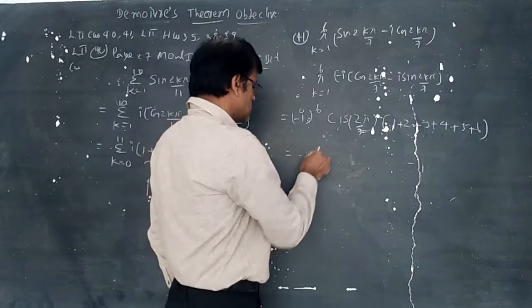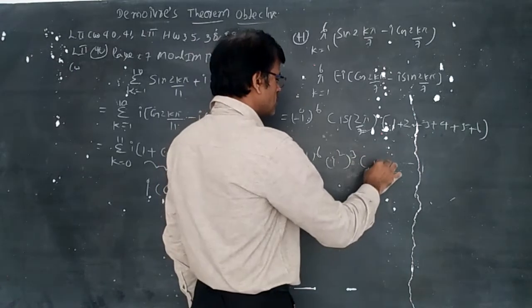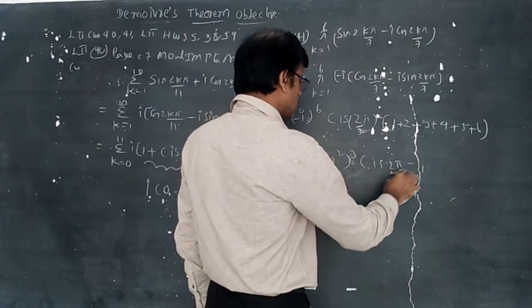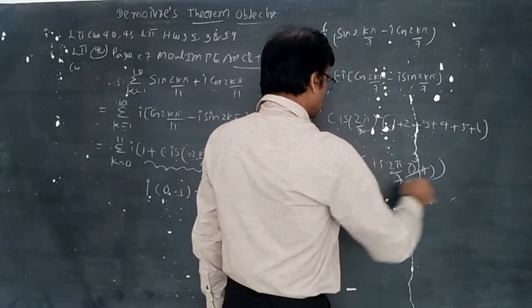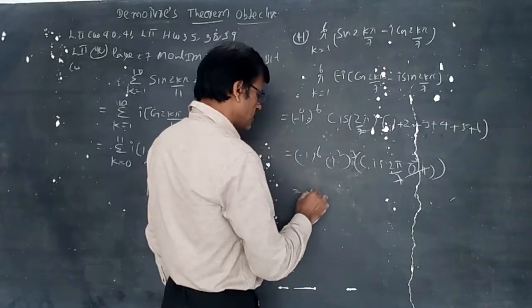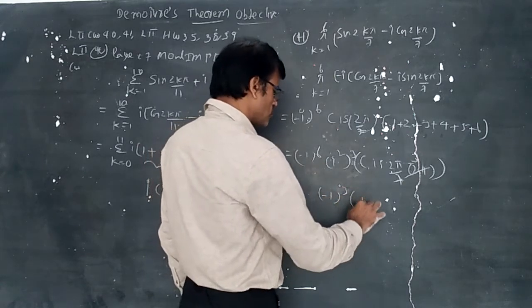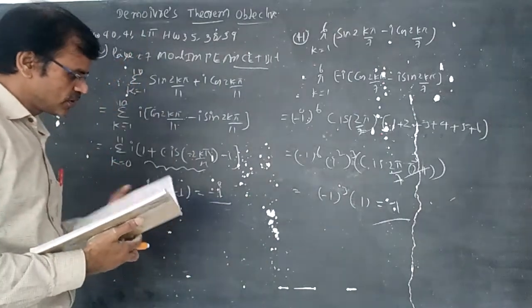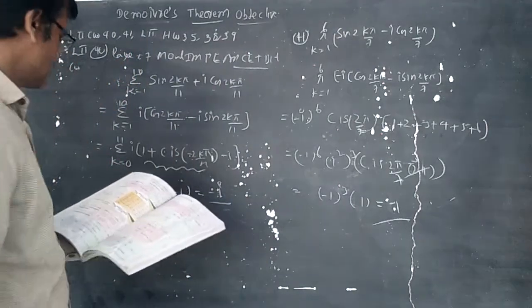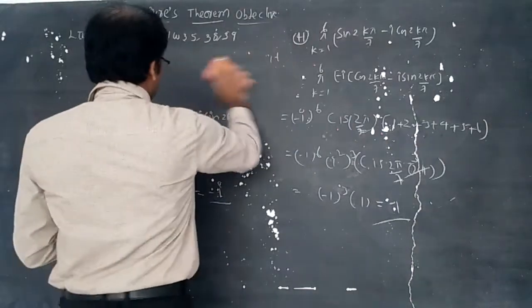So this is minus 1 whole power 6 into i squared whole cube into cis of 2π/7 into 21, three times it will be dividing. So minus 1 whole power 6 becomes plus 1. This is minus 1 whole cube into 1 becomes minus 1. Answer: first option.